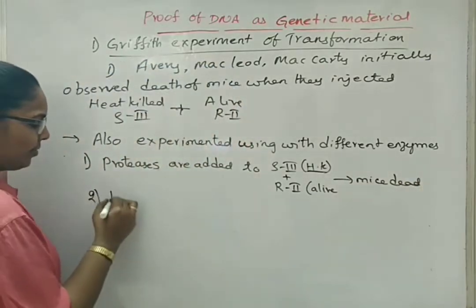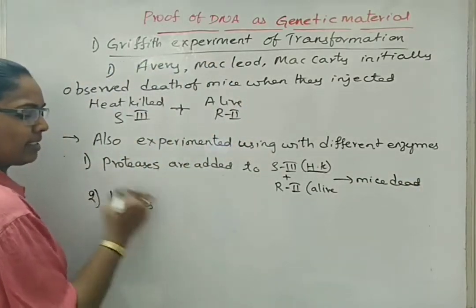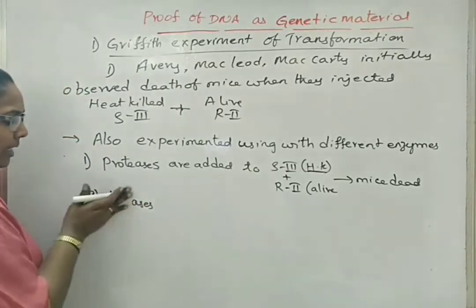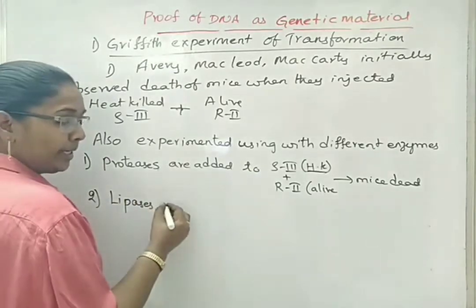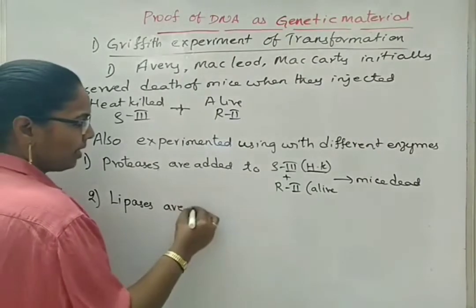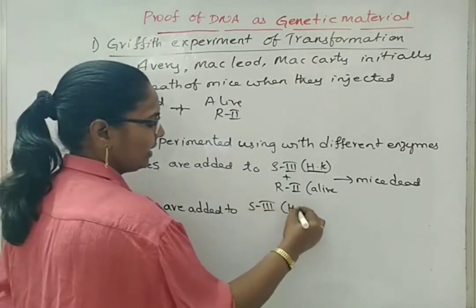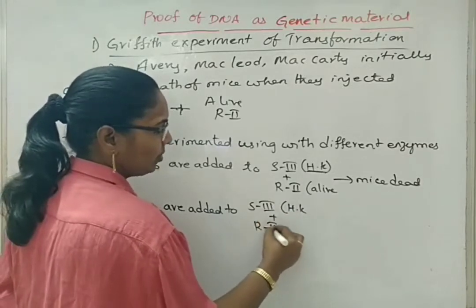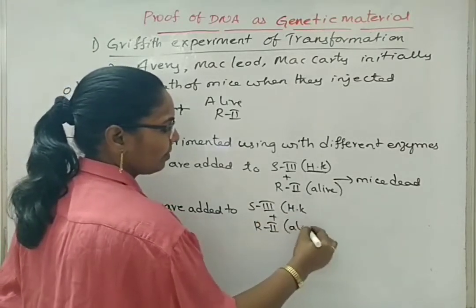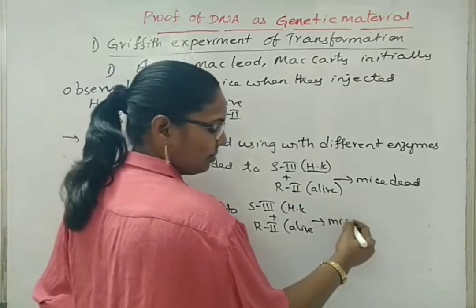In the second case, when they added lipases, which break down lipids, to heat killed smooth strain 3 plus live rough strain 2, again the mice died.